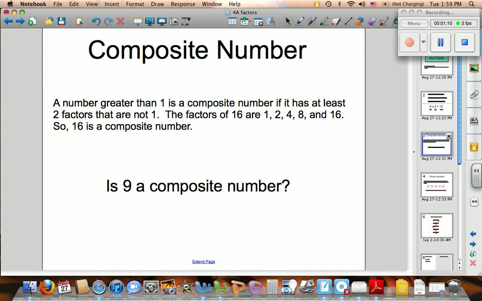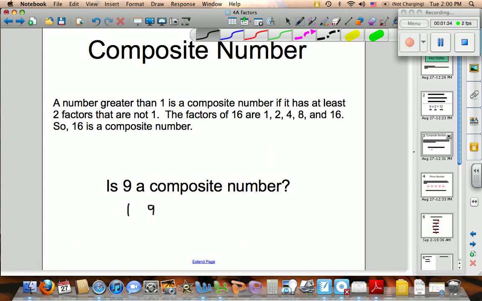So I have a question, is 9 a composite number? Well, let's think about it. Is it greater than 1? Yes. And does it have at least 2 factors that are not 1? Well, let's think of what the factors of 9 are. The factors of 9, we could do 1 times 9.